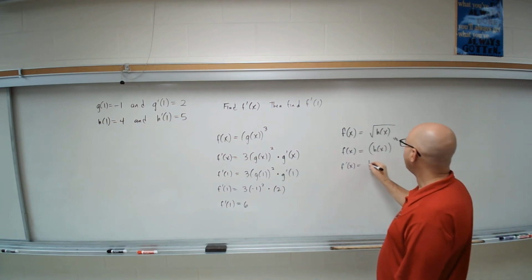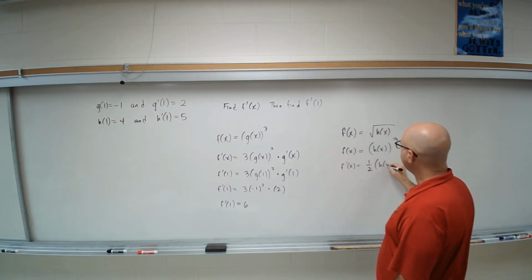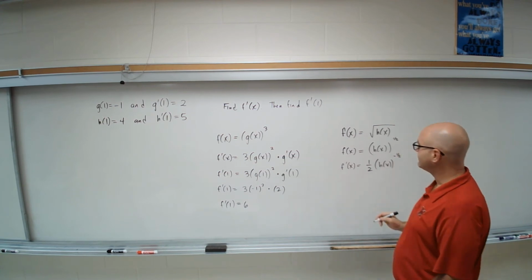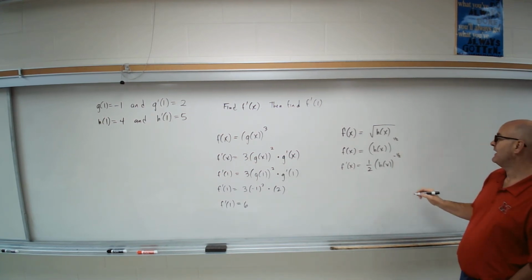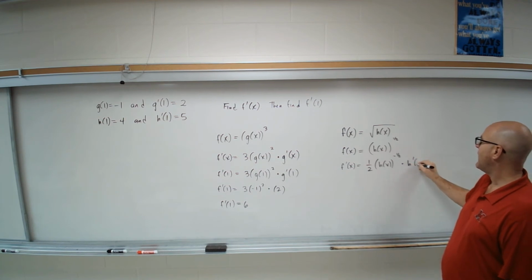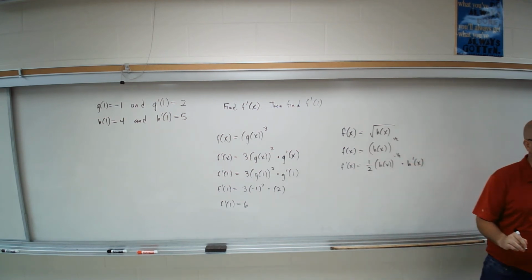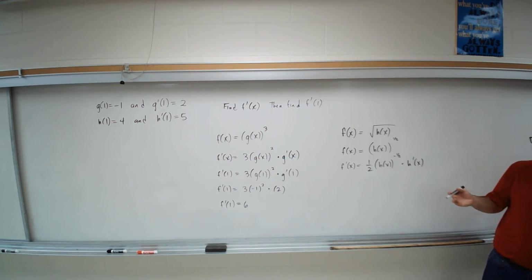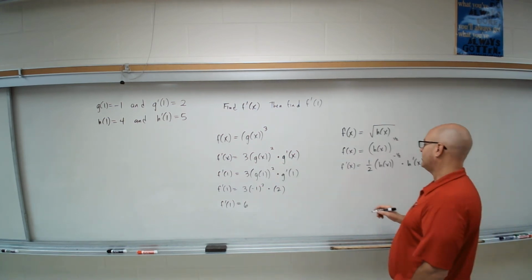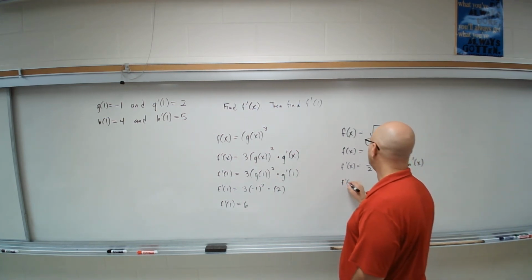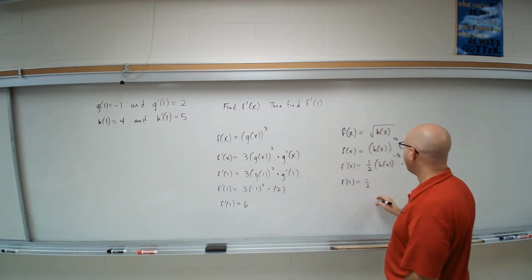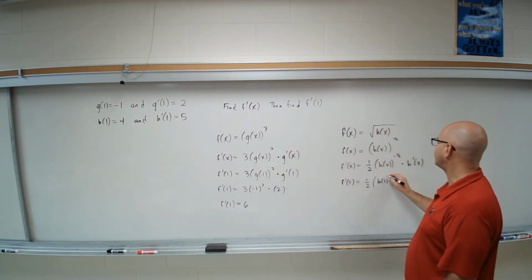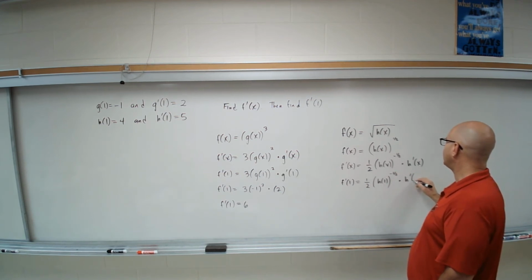So here we're going to get 1/2, and then we get h of x to the -1/2, and then times h prime of x, which is just the inner function there. So that's our rule for f prime of x. And then to find f prime of 1, we'll get 1/2 h of 1 to the -1/2 power times h prime of 1.